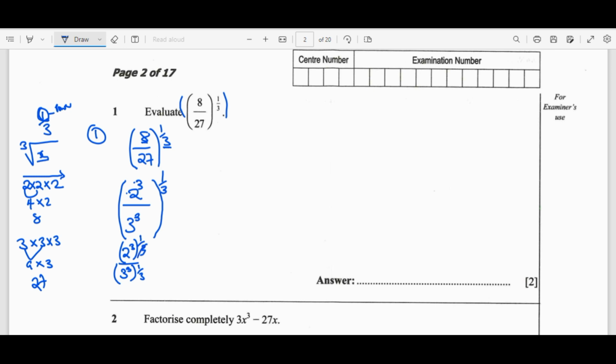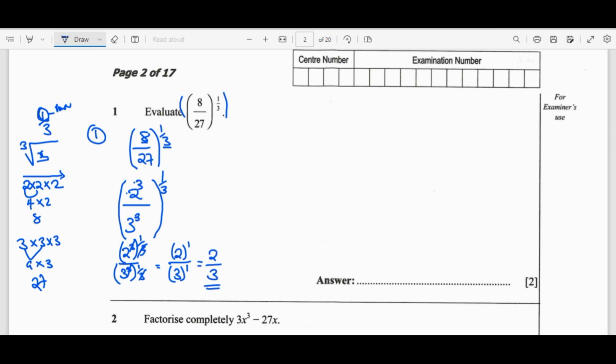This 3 will cancel with this 3, and this 3 will cancel with this 3. So it will be 2 raised to the power 1 over 3 in brackets, raised to the power 1, which is equal to 2 over 3.